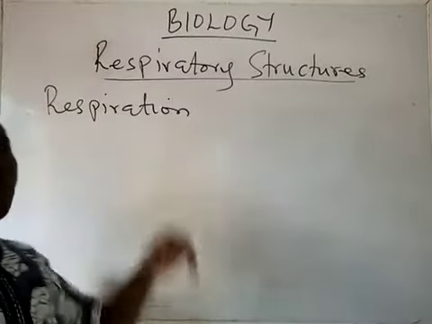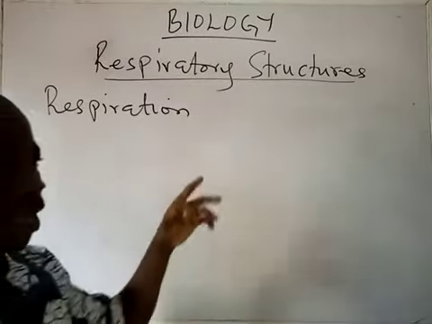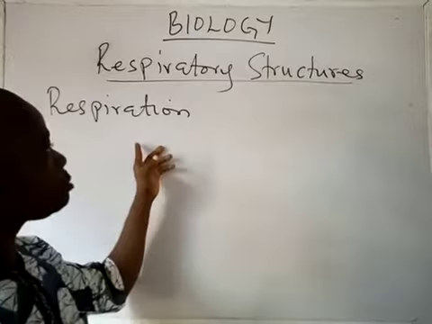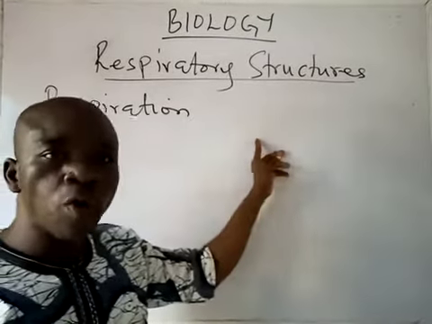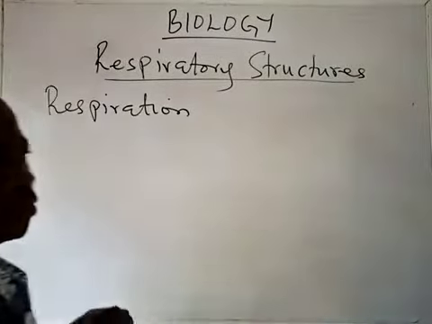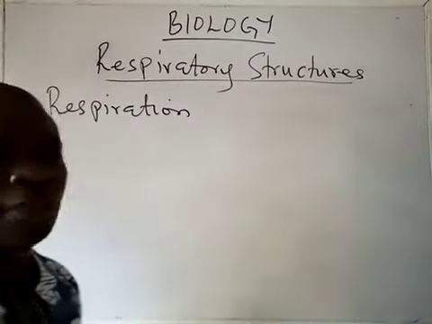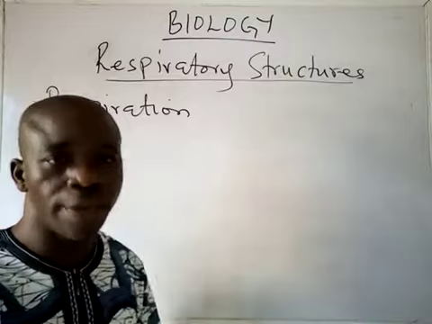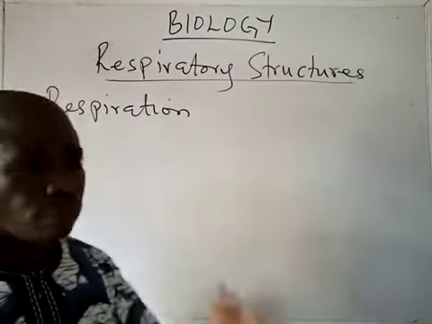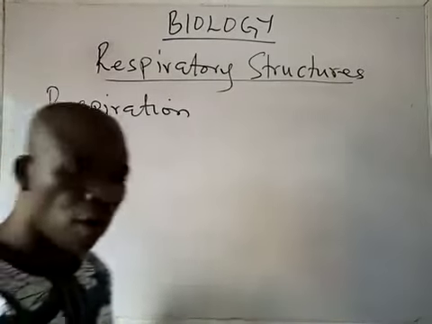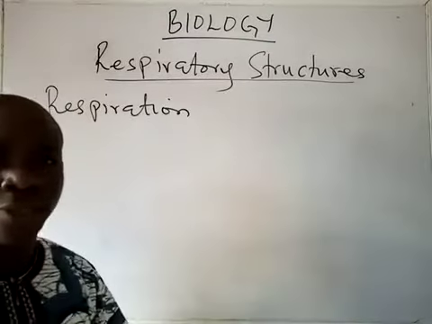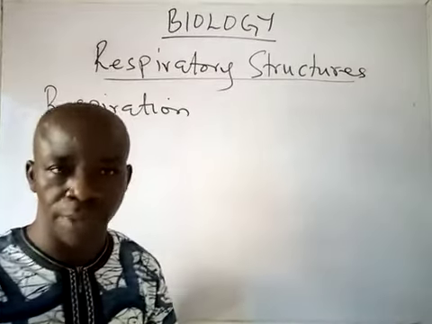And this breakdown is done with or without oxygen. When respiration takes place in the presence of oxygen, it is referred to as aerobic respiration. If oxygen is not involved, it is referred to as anaerobic respiration.